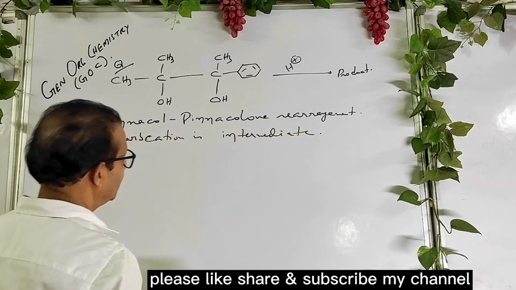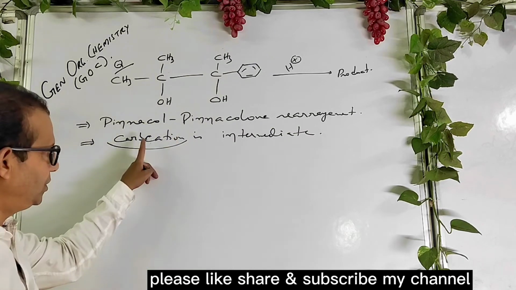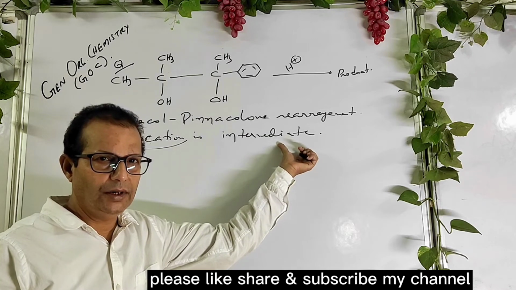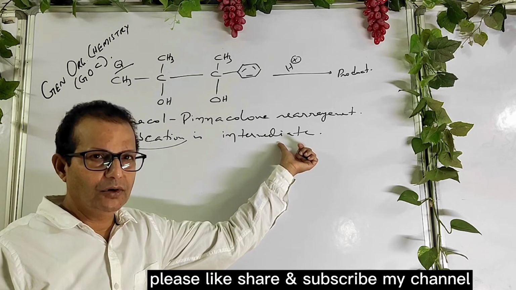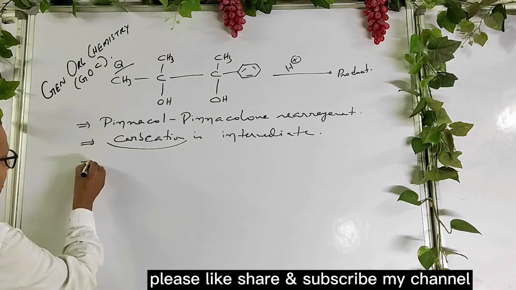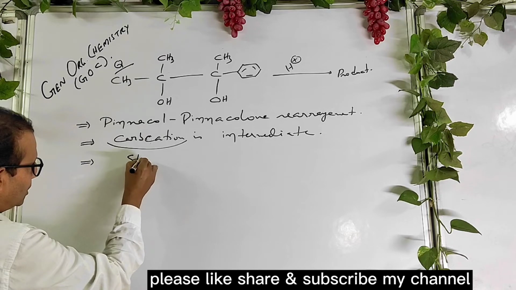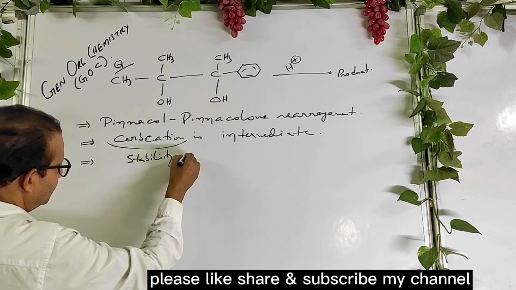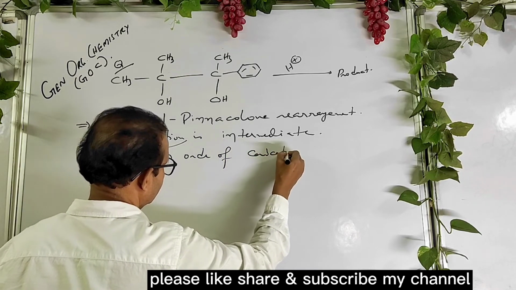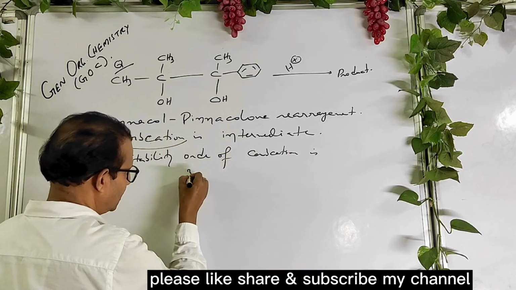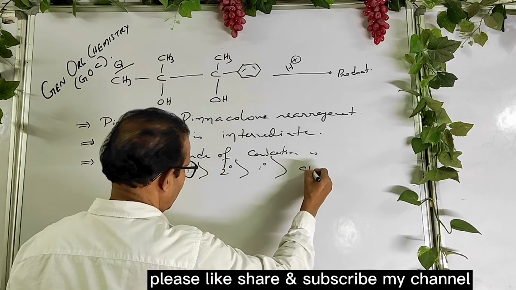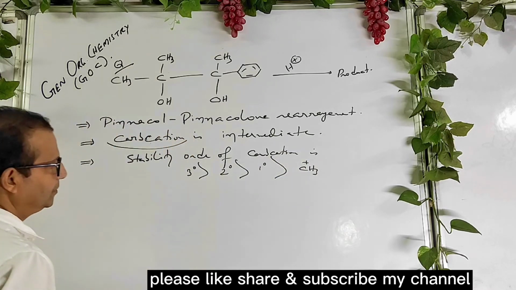And remember it, if any reaction proceeds via carbocation intermediate, always consider the most stable carbocation should form. The stability order of carbocation is, you know, tertiary greater than secondary greater than primary and greater than methyl carbocation.